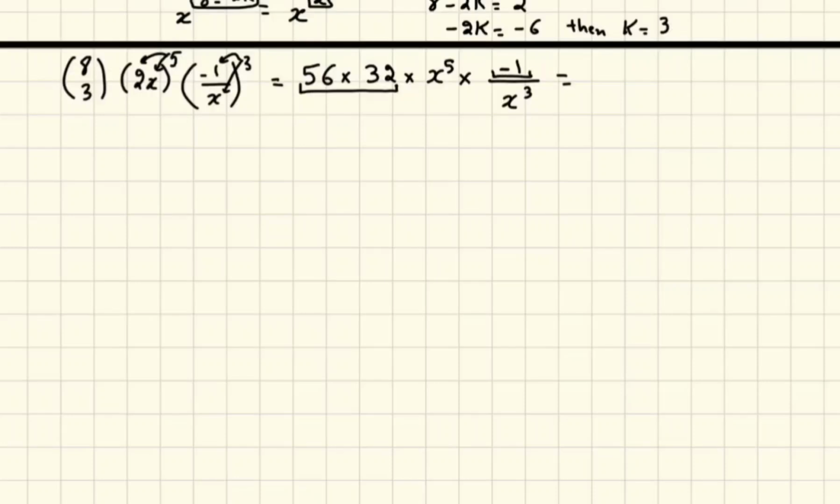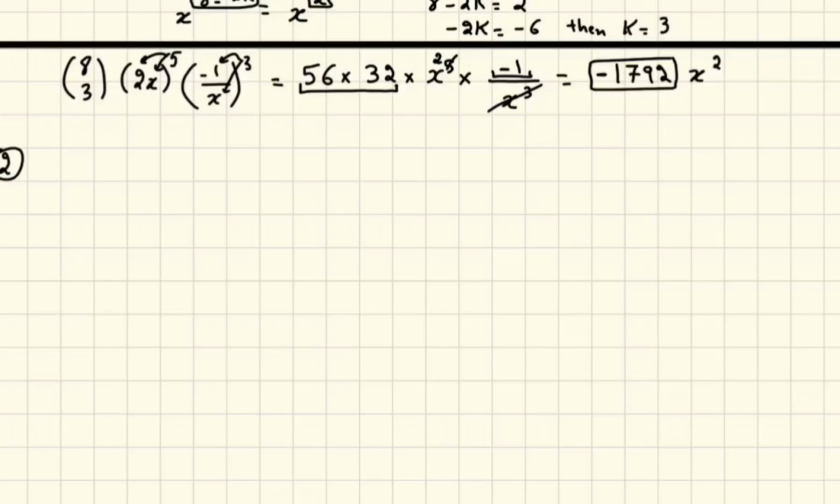When we multiply 56 by 32, my answer will be 1792, multiplied by negative 1, so it will be minus 1792. For the x's, we can cancel x exponent 3 from the denominator, and from the 5 we take 3, we still have exponent 2. And this is basically the term with x exponent 2. If they ask for the coefficient, you can write only this number.